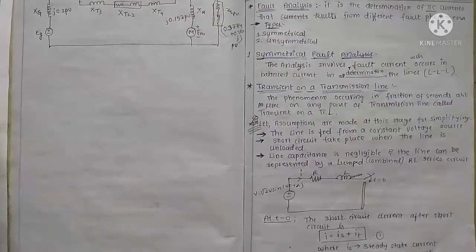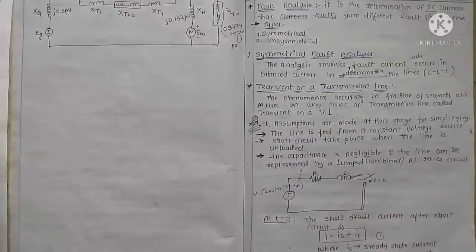The subtransient state occurs just after the fault, a few milliseconds after the fault. There will be a huge current in this period, and in the later 2 to 3 cycles of the fault we get the transient period, and finally we get into the steady state period.